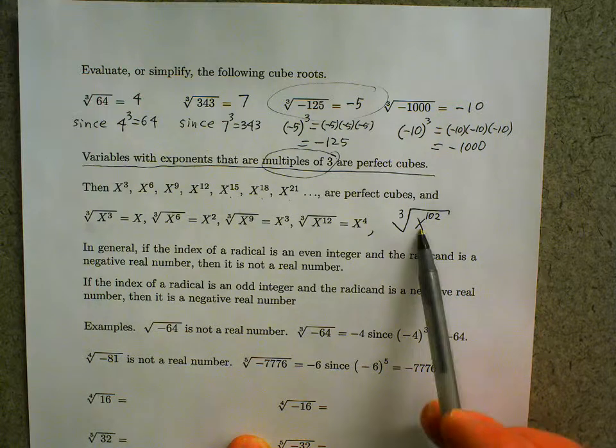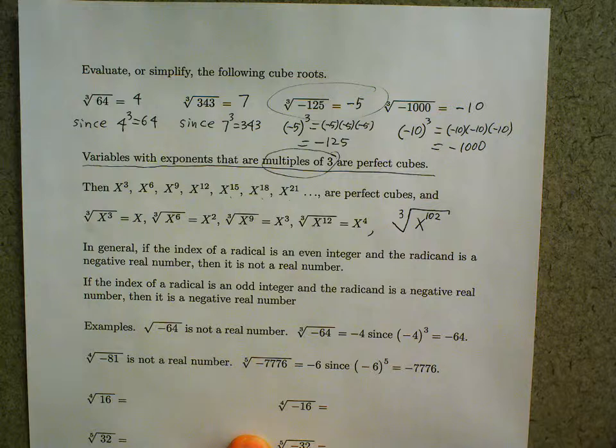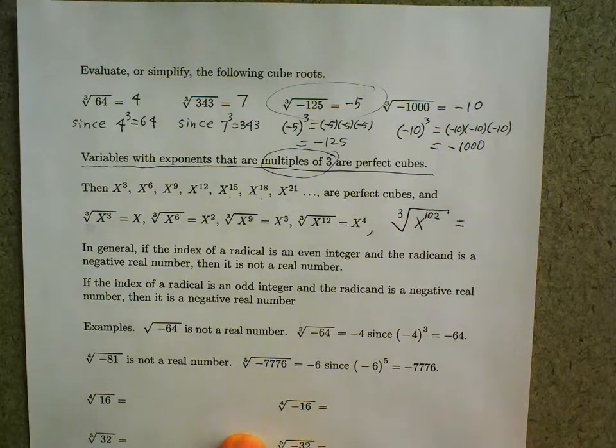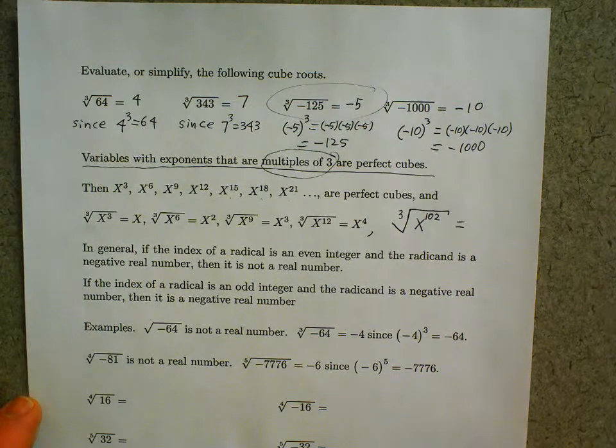So x to the 102 is considered a perfect cube. So how are we going to simplify the cube root of x to the 102? What should that exponent simplify to?